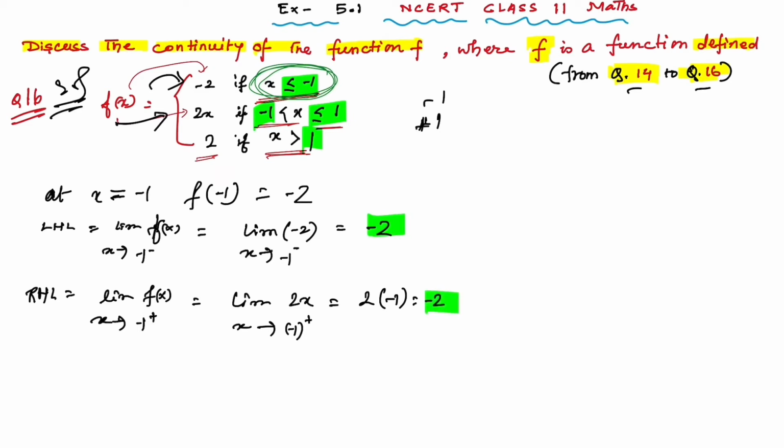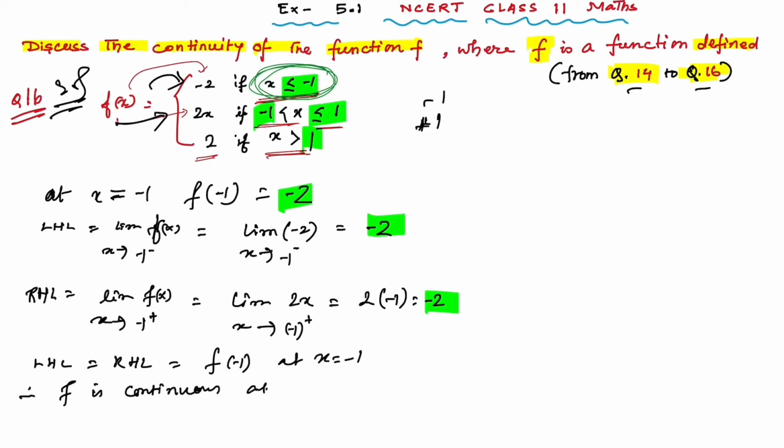So here all these three values are equal at x is equal to minus 1. Therefore, left hand limit is equal to right hand limit is equal to f of minus 1. Therefore f is continuous at x is equal to minus 1.